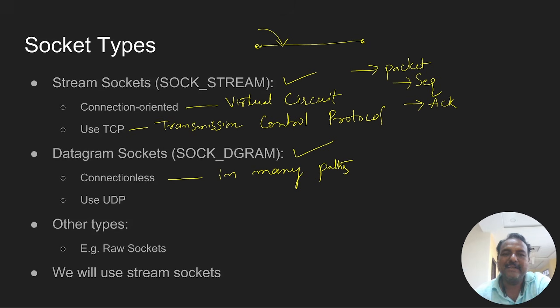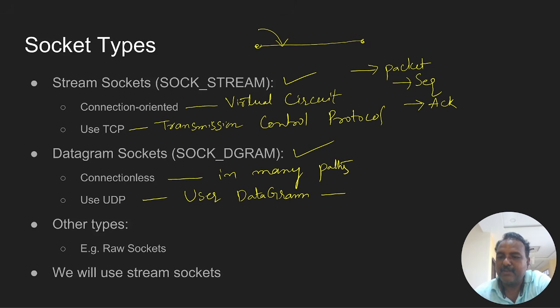And if I use datagrams, it means that we are using a protocol called the UDP protocol, which stands for user datagram protocol. And we say that these datagram sockets are not reliable as compared to socket streams, and the packets received on the receiving end will not be gathered in a sequence.